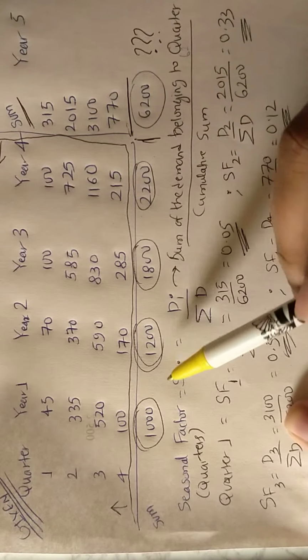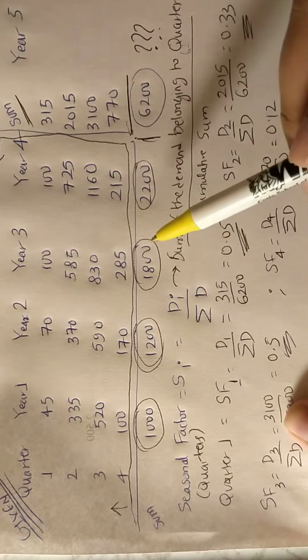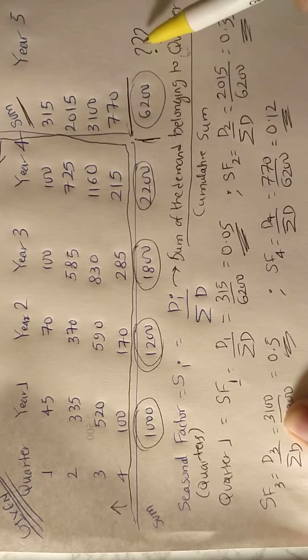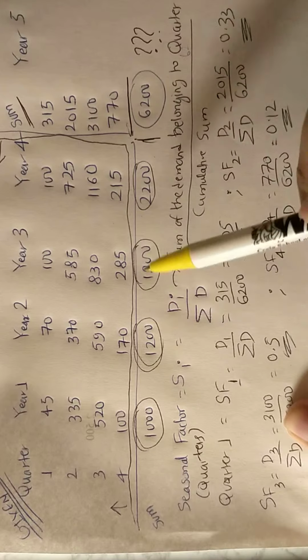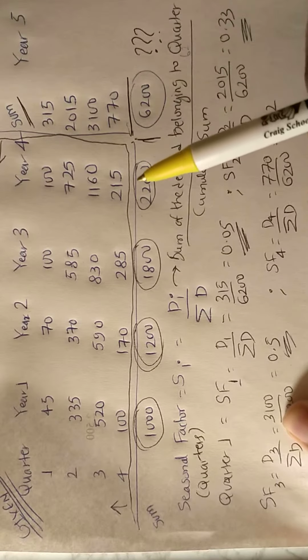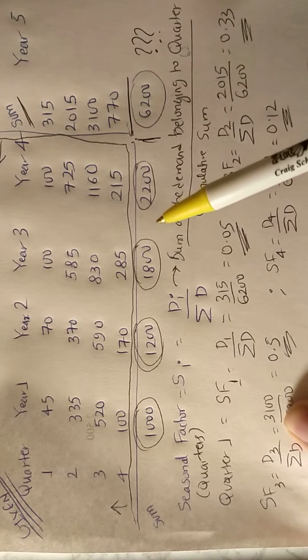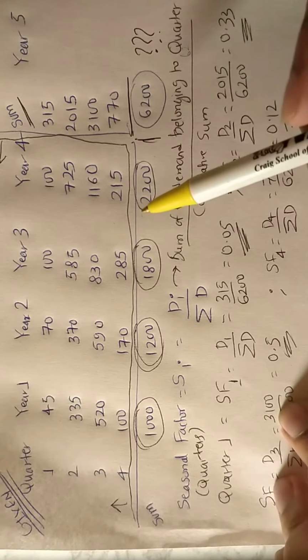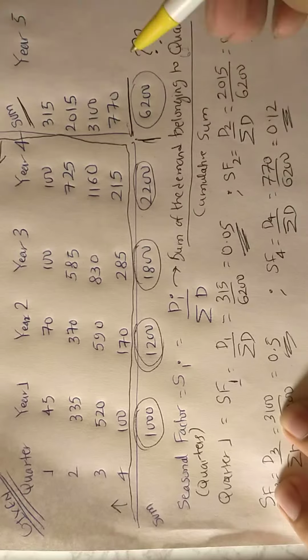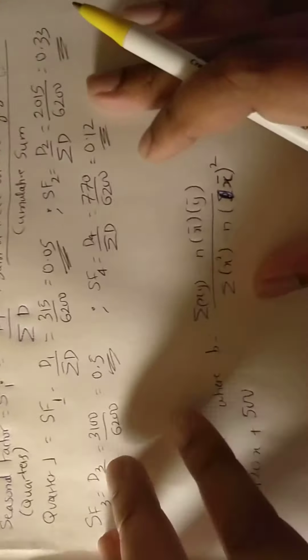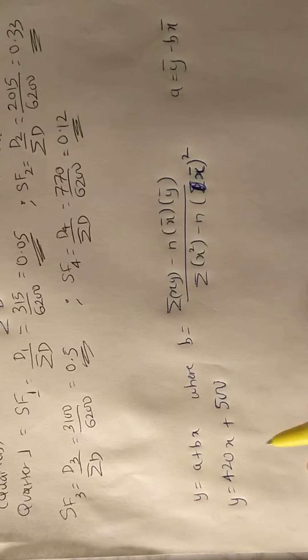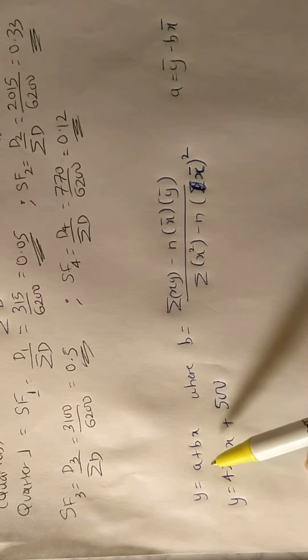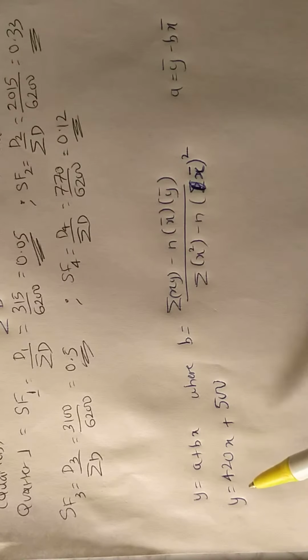Remember, we could use a wide variety of methods to figure out this unknown based on the historical demand data. We could use moving average methods, exponential smoothing methods, or the linear trend line. Let's use the linear trend line. I took the luxury of calculating the values of A and B for the linear trend line.